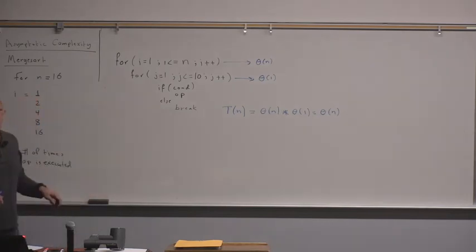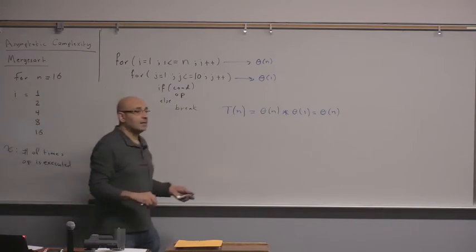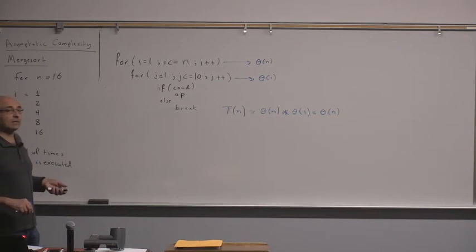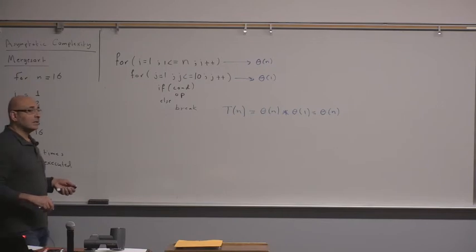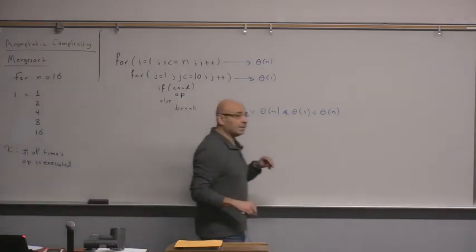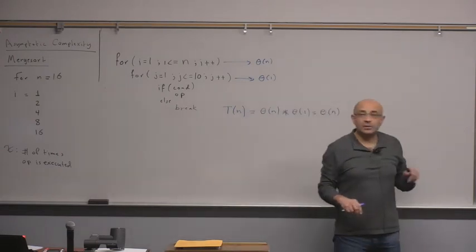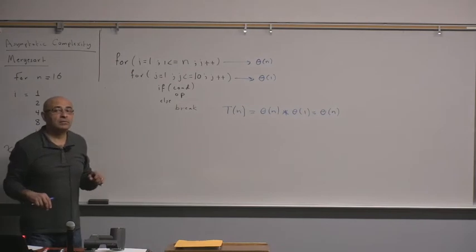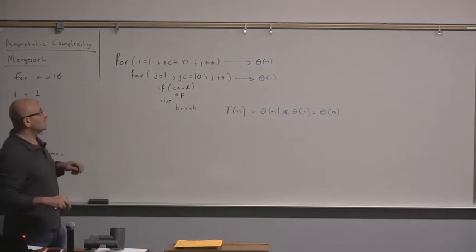Now, can you give me an example of a nested loop where the asymptotic complexity is more than n squared? A nested loop in which the asymptotic complexity is more than n squared. Three loops? No, only a doubly nested loop. Yeah, exactly.